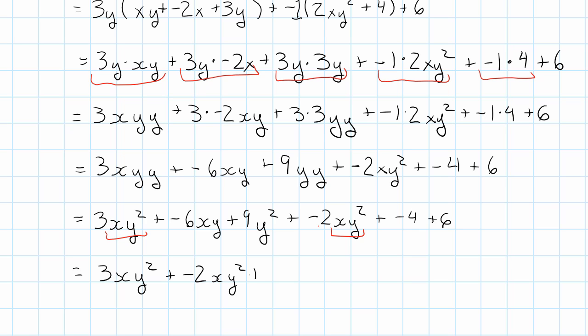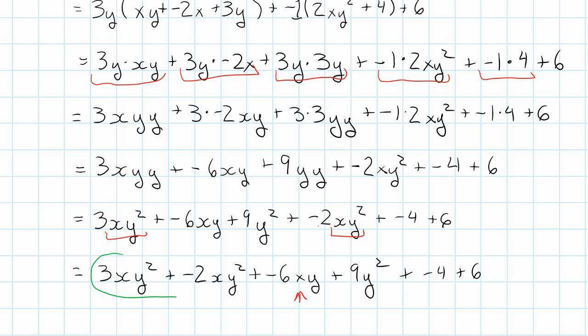Then I'll have plus negative 6xy plus 9y squared. I'm putting this one first because it comes earlier in the alphabet. Plus negative 4 plus 6.